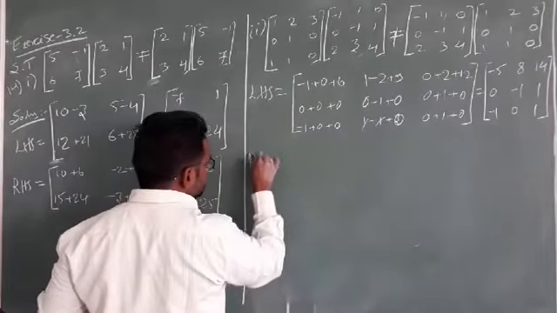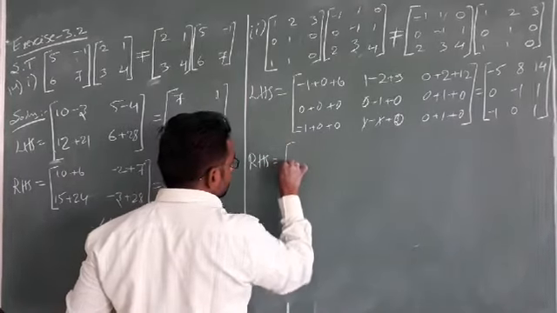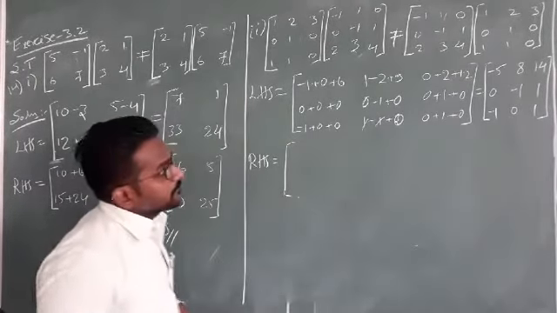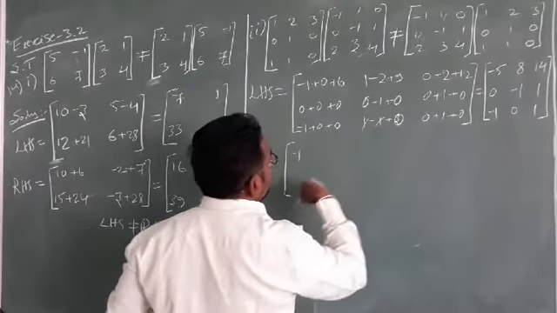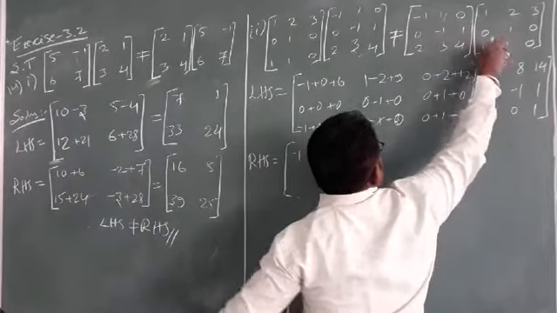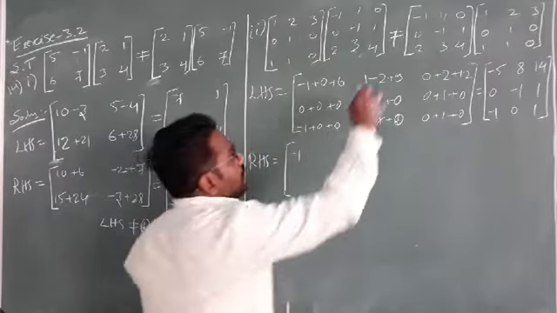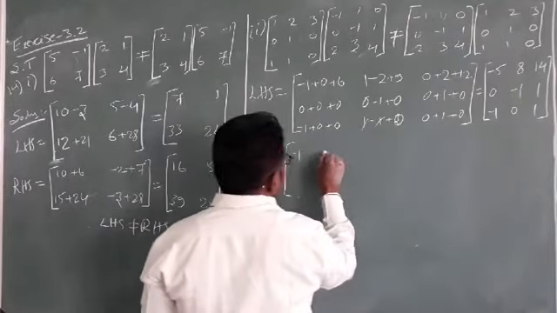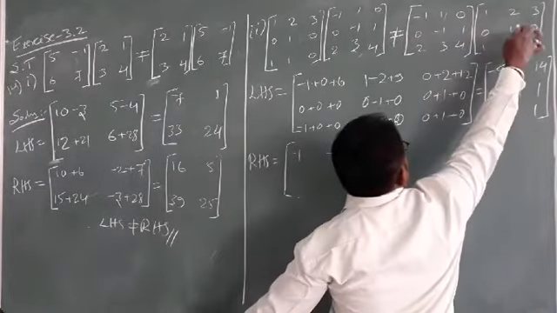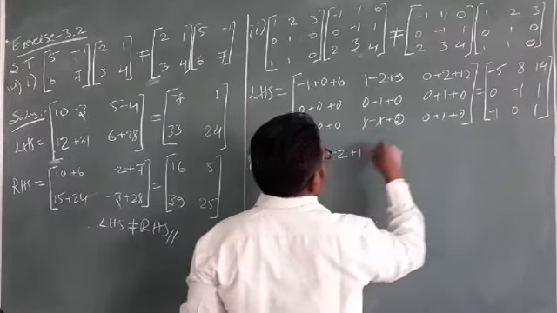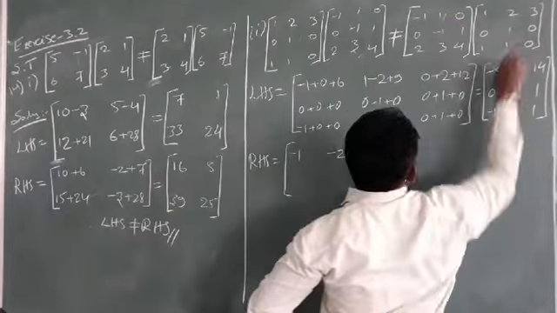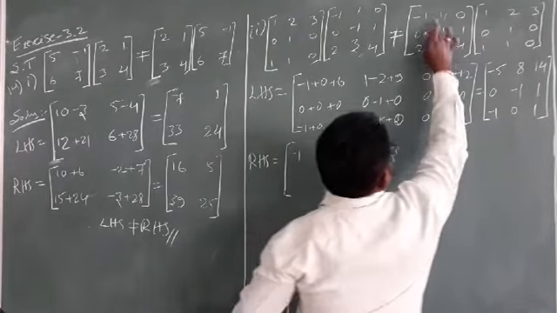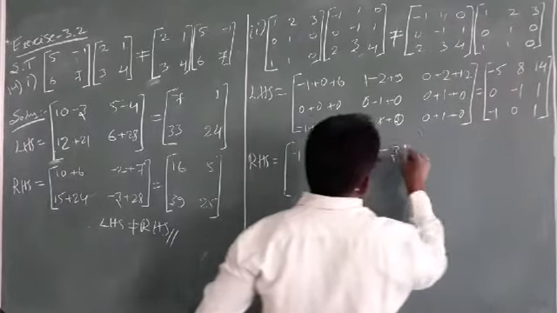What is the RHS here, students? Okay. Minus 1 into 1, minus 1. 1 into 0, 0. 0 into 1, 0. Okay. Minus 1 into 2, minus 2. 1 into 1, plus 1. 0 into 1 is 0, no need to write. Minus 1 into 3, minus 3. 1 into 0, 0. 0 into 0, 0.